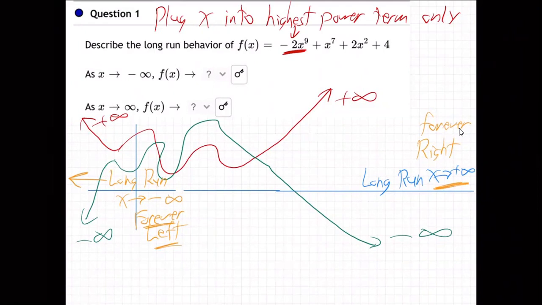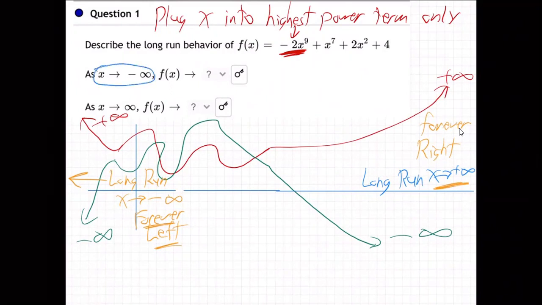Is this making sense? It's only the most powerful term. He's going to determine the answer. He's going to tell you what's going to happen in the long run, because this guy will dominate the other terms. So let's plug in negative infinity first and see what we get.